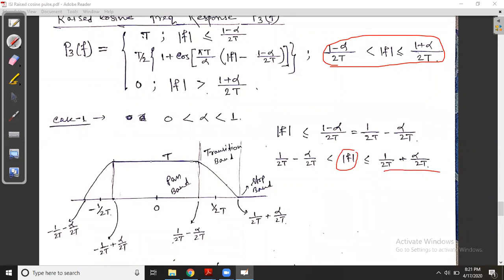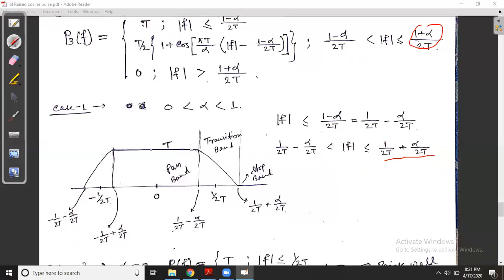Clearly understand, greater than 1 by 2T, because 1 by 2T plus this term is there. How is this coming? This is coming from here. 1 plus alpha by 2T is nothing but this one, and 1 minus alpha divided by 2T is nothing but this one.